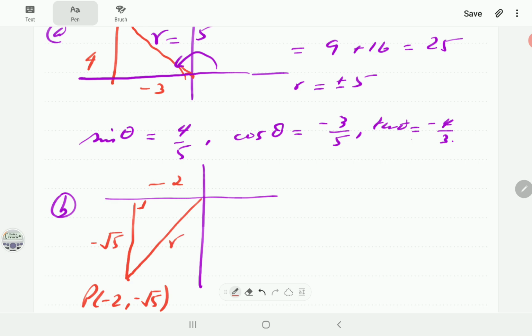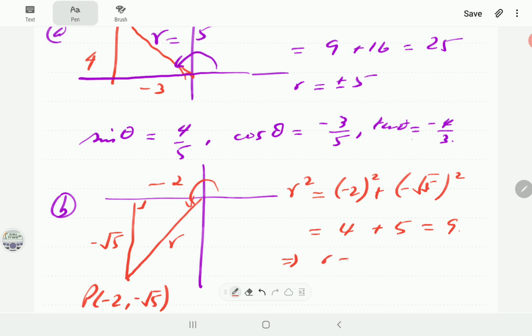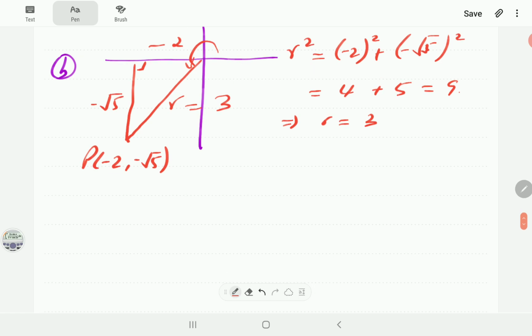This is r. That is our angle theta. So r squared is negative 2 squared plus negative root 5 squared. This is going to be 4 plus 5. It's going to be 9. So r is going to be 3.